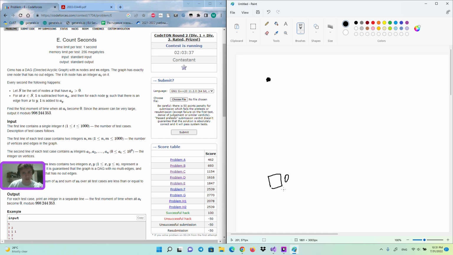It becomes 0 only when all these paths finally end up here. Oh no, it's not so easy.